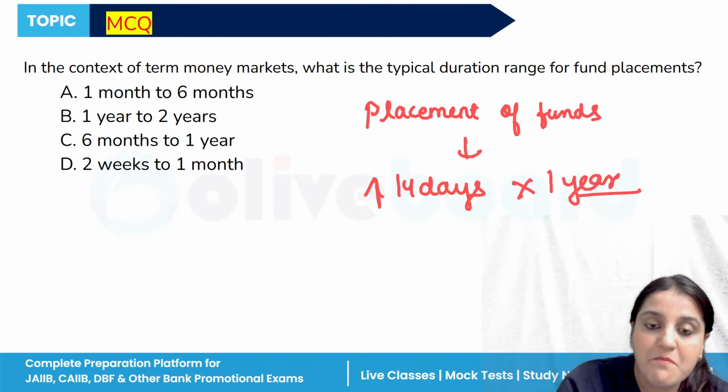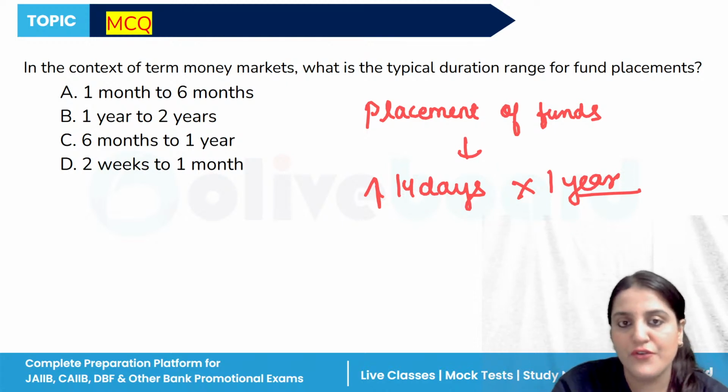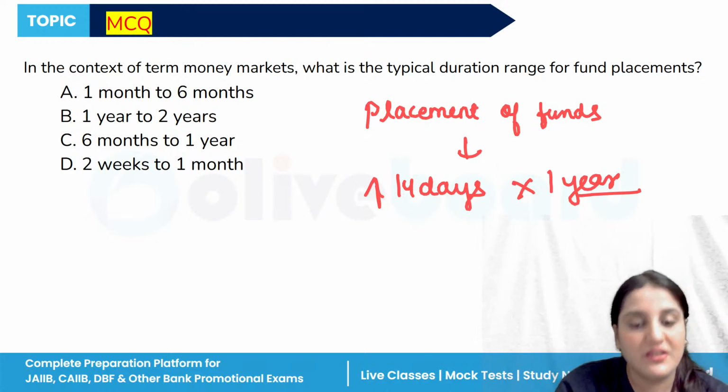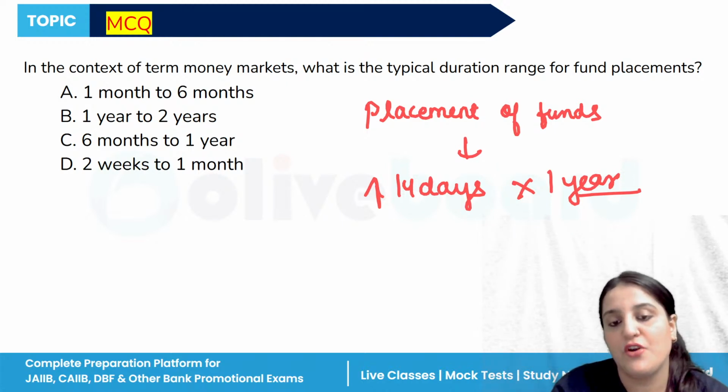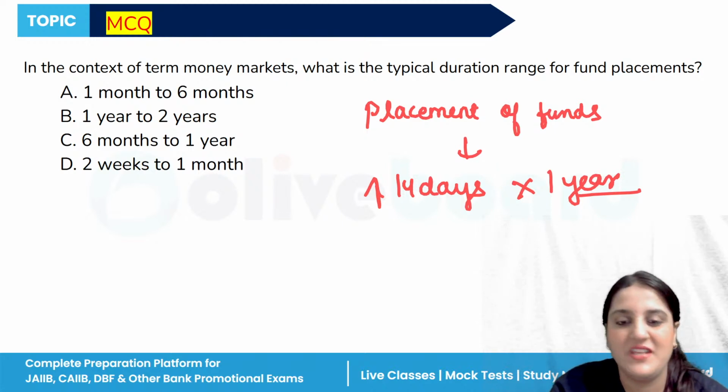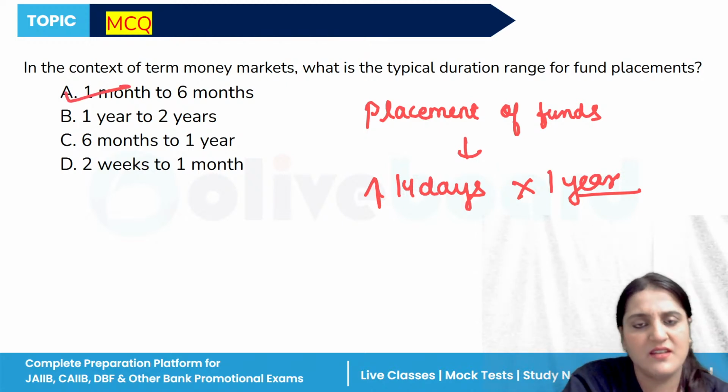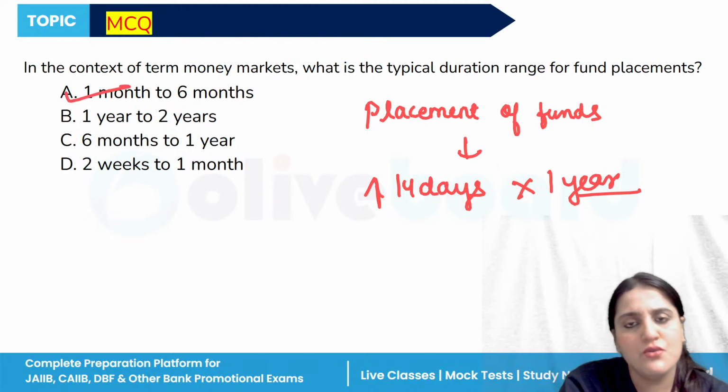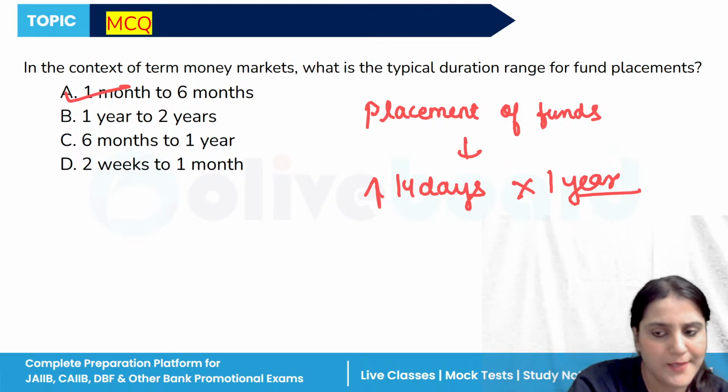Typically, term money placements range from 1 month to 6 months, and placements for longer periods are not very common here. So the correct answer is option A, 1 month to 6 months. Okay.